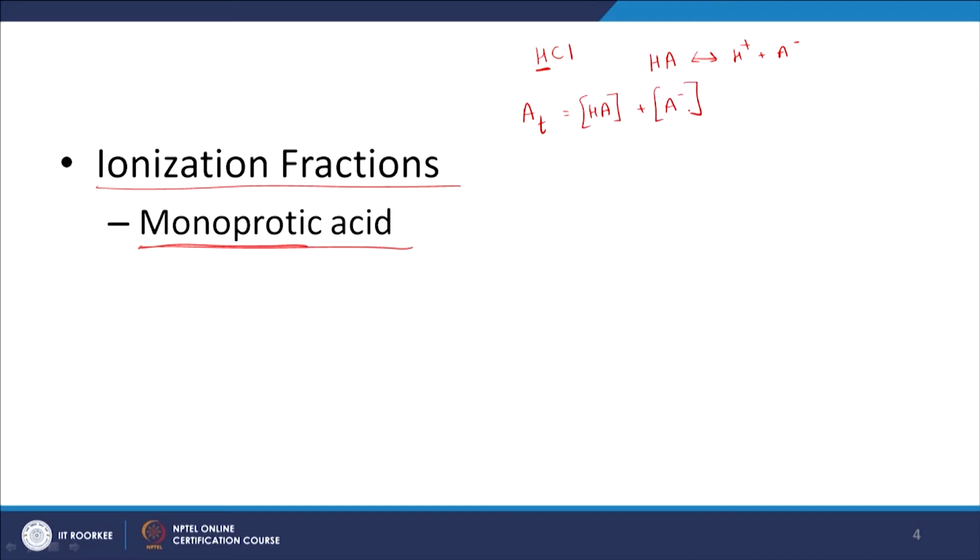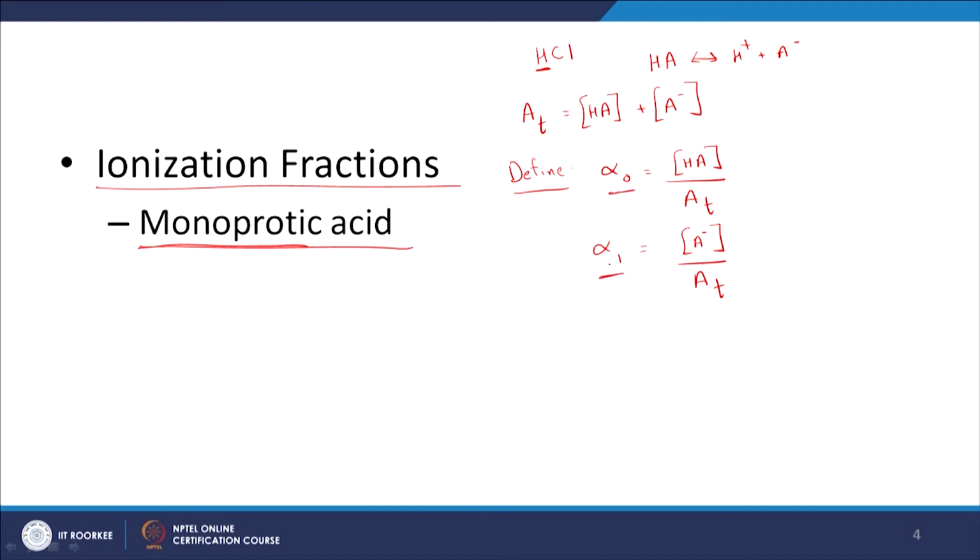I will now define ionization fractions such that you will have two ionization fractions for a monoprotic acid. Alpha naught is the concentration of the protonated form divided by the total acid, and the second ionization fraction, alpha 1, is the concentration of the deprotonated form divided by the total acid concentration. This is how we define the ionization fractions.